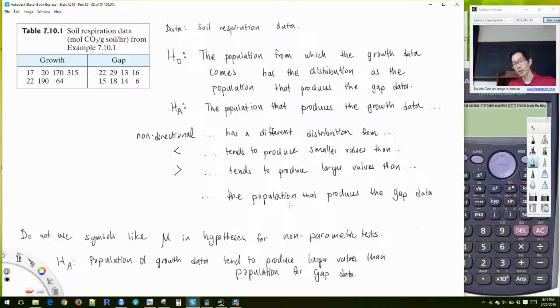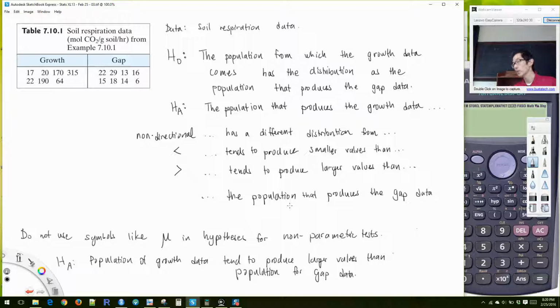Okay, so once we've established our hypotheses, we'll talk about carrying out the test. I'll show you how to calculate the test statistic and then get the respective p-value.